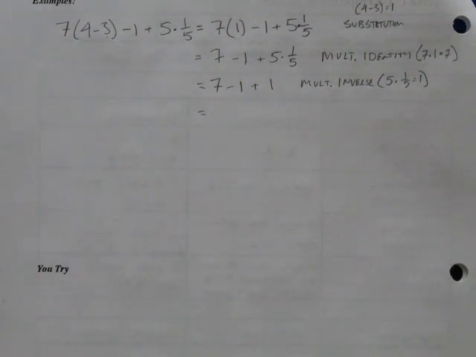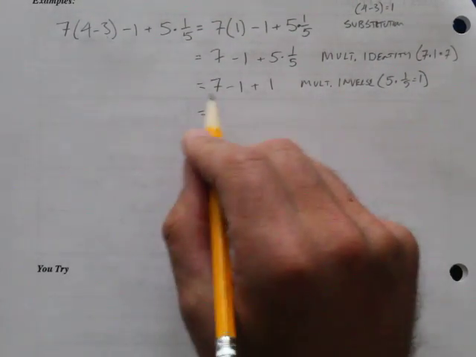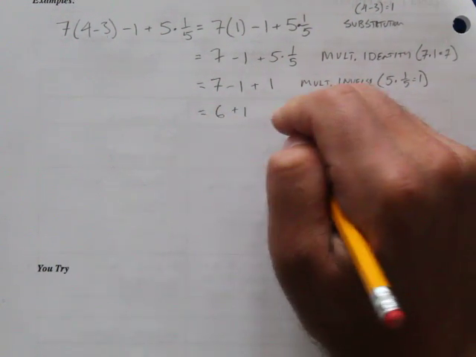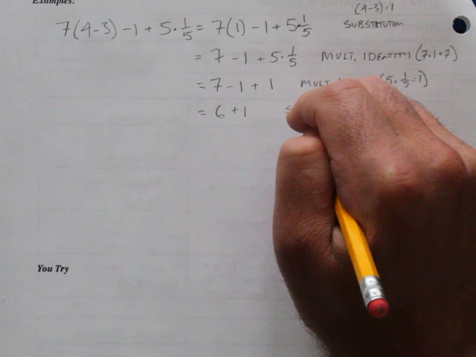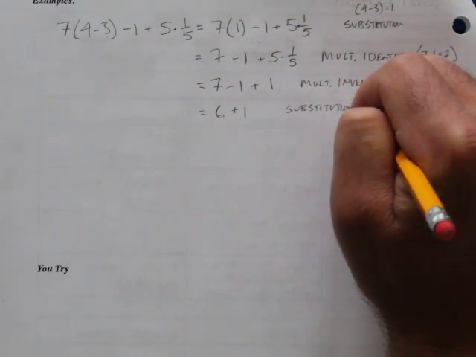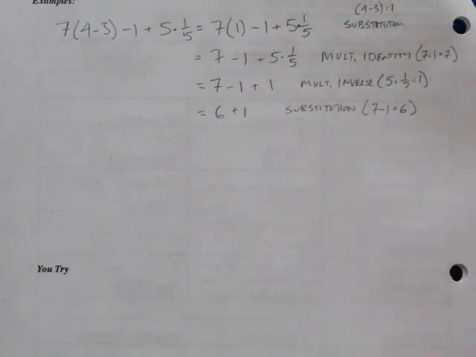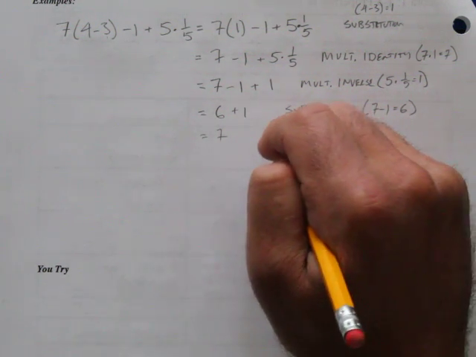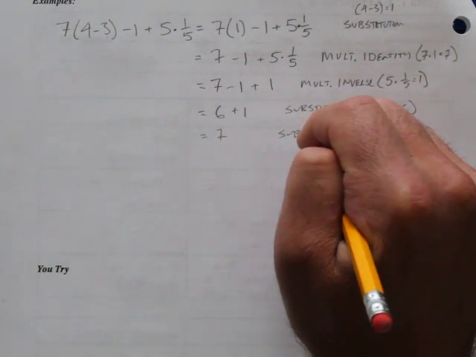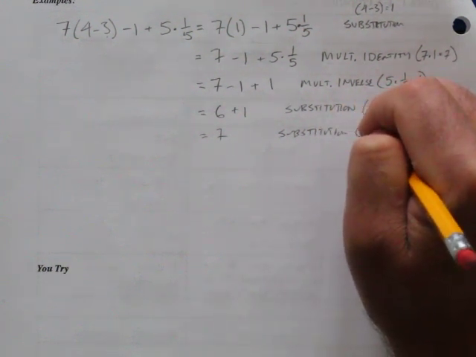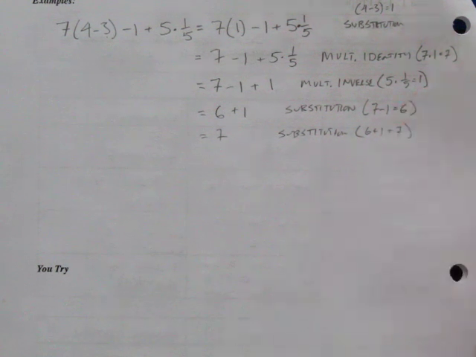Now, these last couple ones are both going to be substitution. So when in doubt, 7 minus 1 is 6, and then plus 1. So this is going to be substitution. And that is 7 minus 1 equals 6. And then the last one, 6 plus 1 is 7. That one is also substitution. 6 plus 1 equals 7.